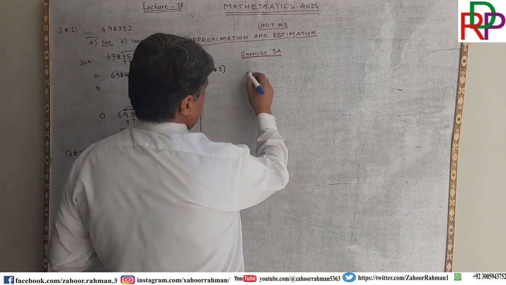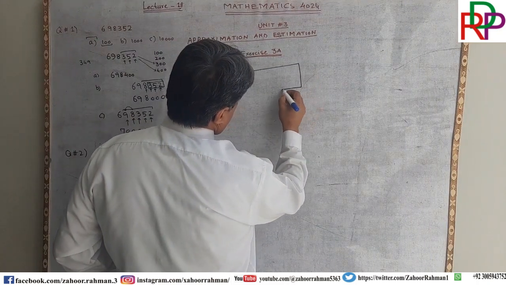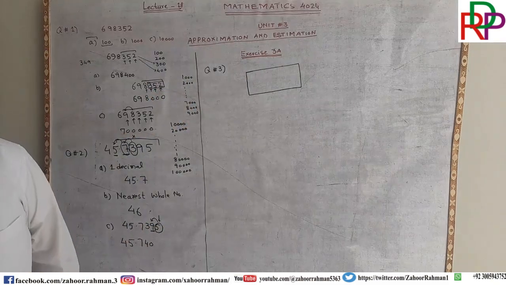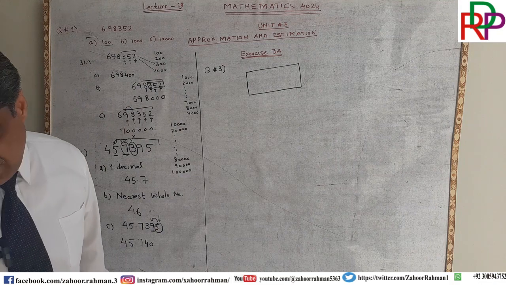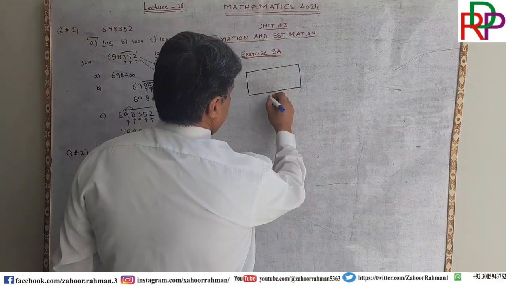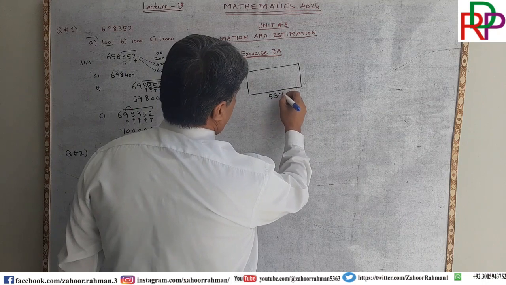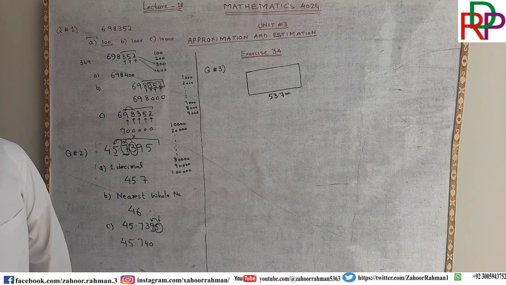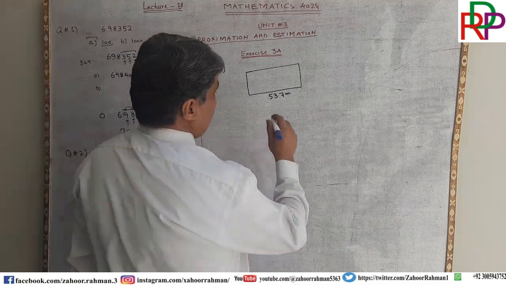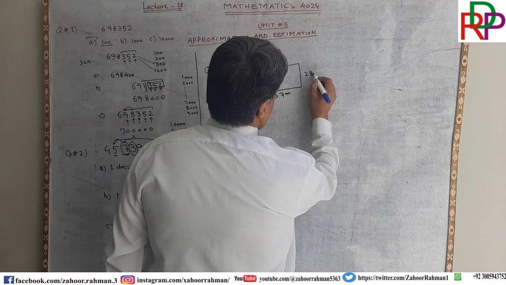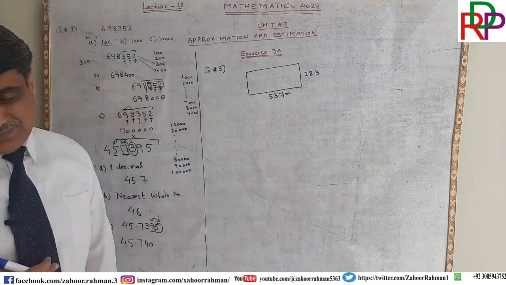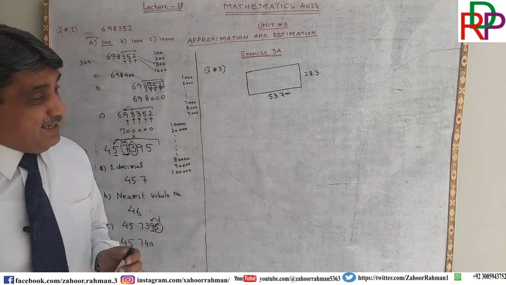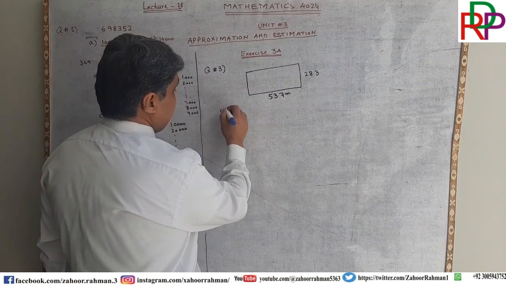Ladies and gentlemen, there is a rectangular field whose dimensions are given to you. Length is given as 53.7 meter, and the width is given as 28.3. They are saying to find in part one the perimeter.